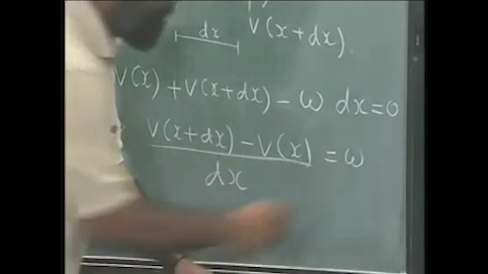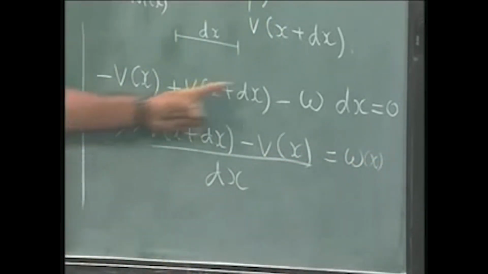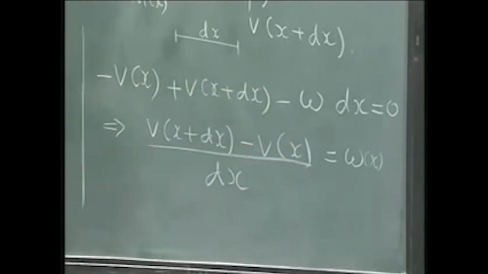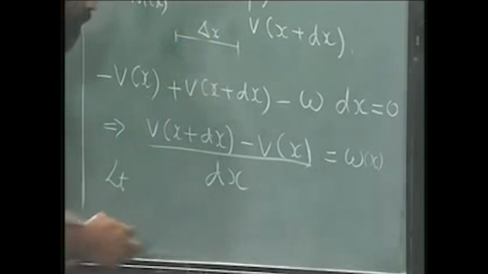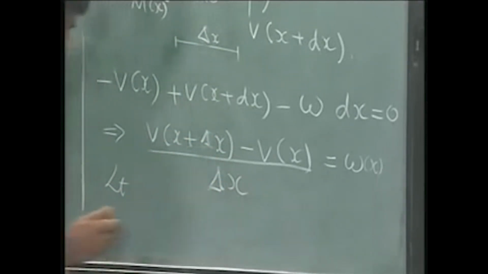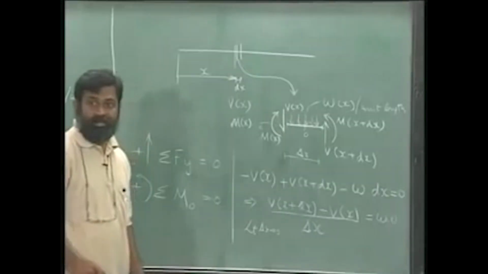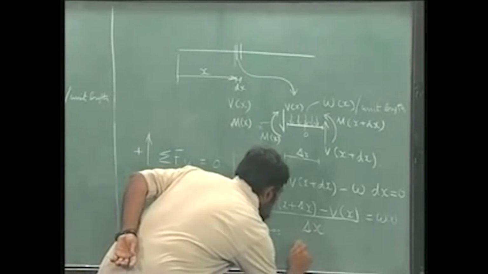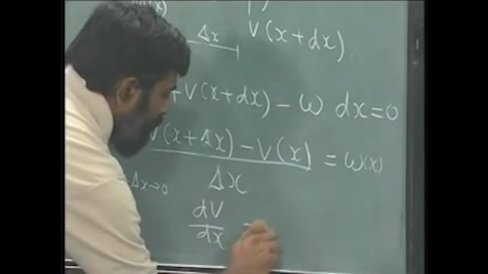Remember, this is W at x. What is this? Let me just correct myself and write it as delta x here, small length. So, I am going to have delta x here, delta x here. Limit as delta x tends to 0, what is this? It is nothing but dV by dx, and that is equal to W of x.